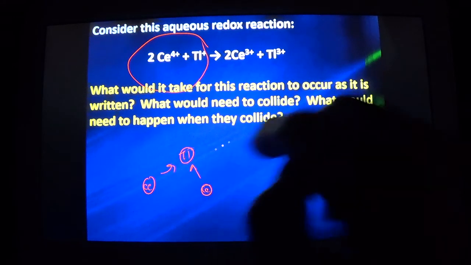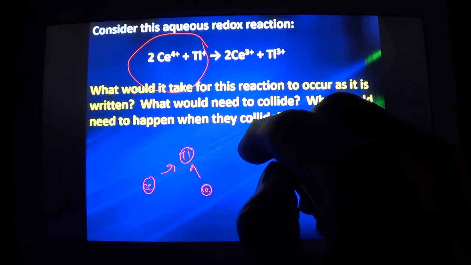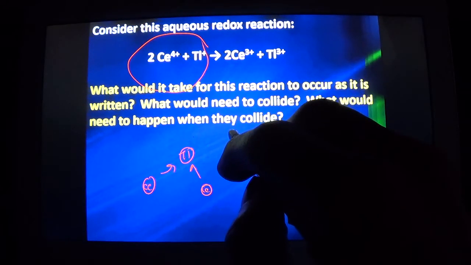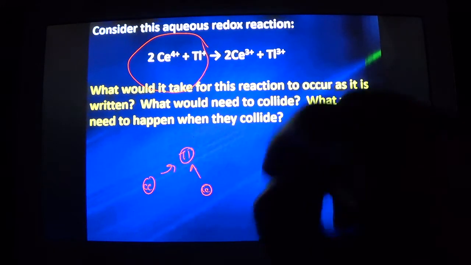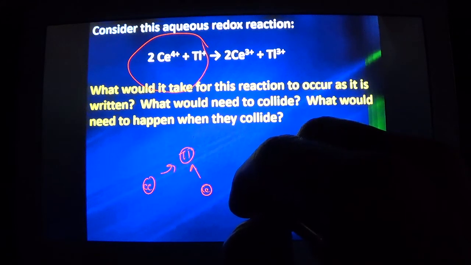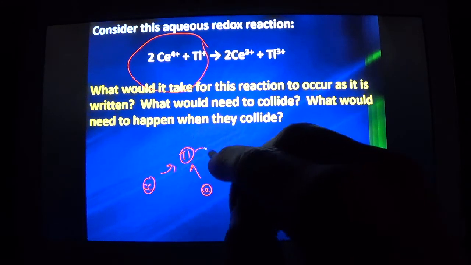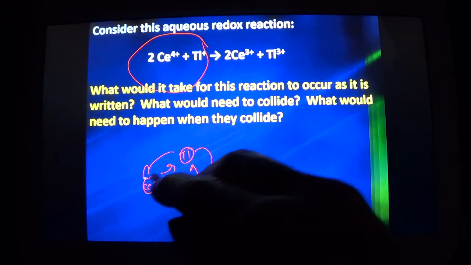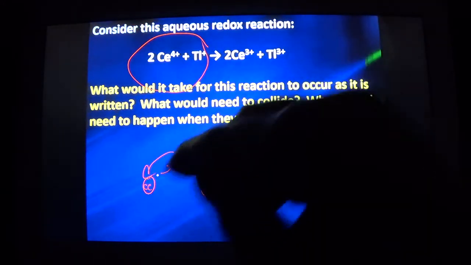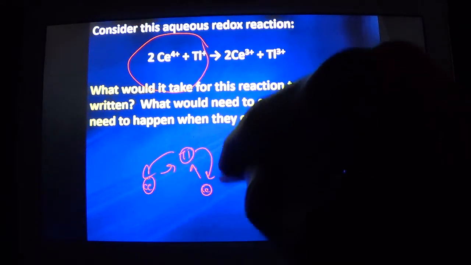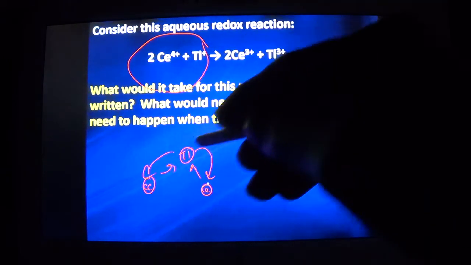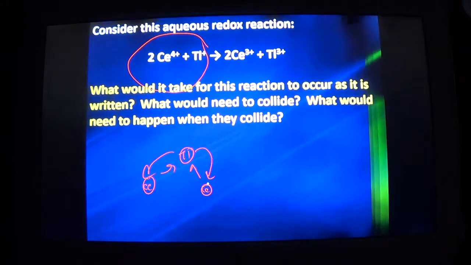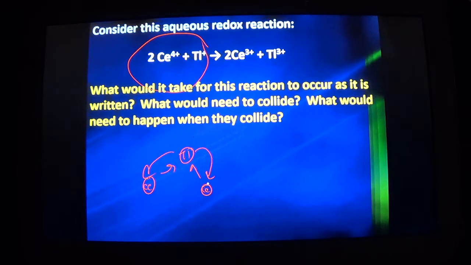Then, once they do collide, what would I need to have happen? Well, we've done some redox, so we should have some movement of electrons. We should have thallium losing electrons to cerium. So not only do I need 3 things colliding all at once, I would need to, at that same time, be able to transfer electrons.